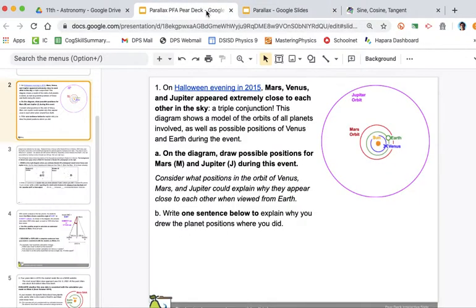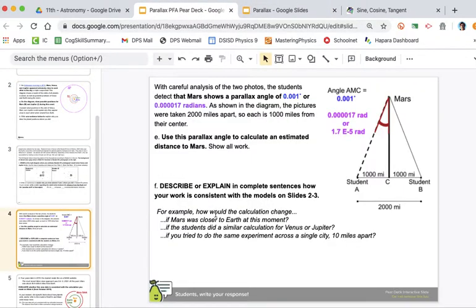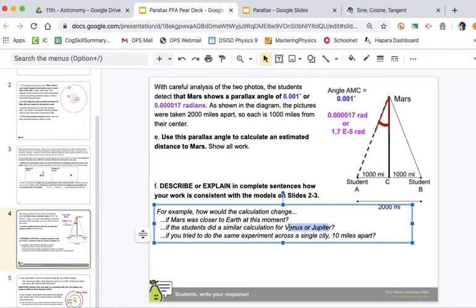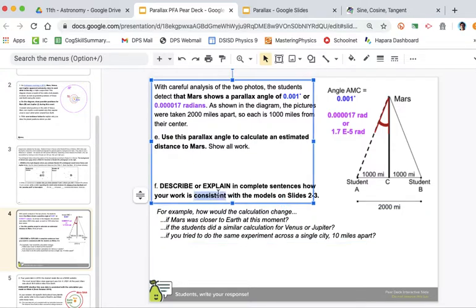So if I was using these sentence stems, I could say, if I did a similar calculation for the pencil instead of the lamp, then I would get a smaller number for distance. That assures me that I'm doing the right thing, that my work is consistent.